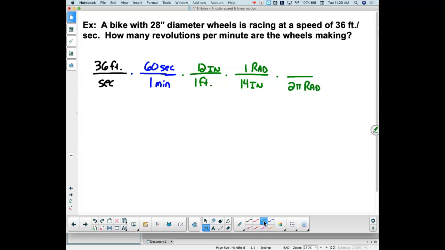14 inches is 1, and then 2 pi radians. And then the only thing we have left is revolutions, revolutions per minute.